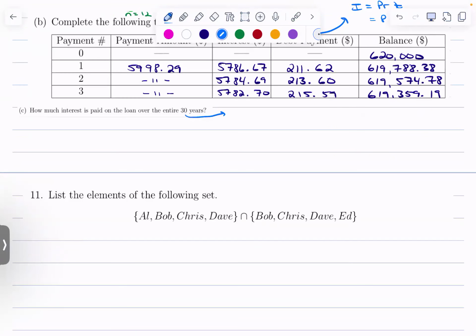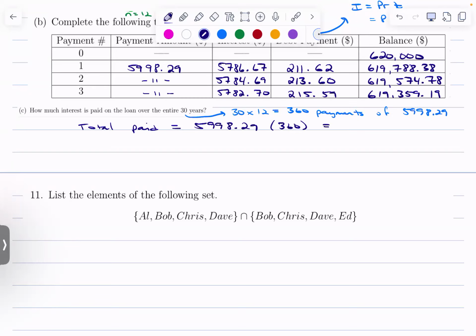So here, 30 years is 30 times 12 equals 360 payments of 5998.29, which means the total paid is 5998.29 times 360.